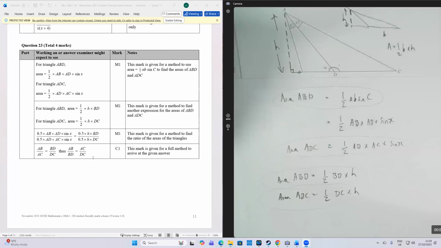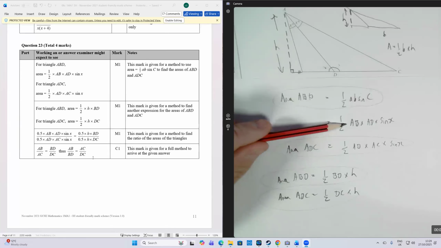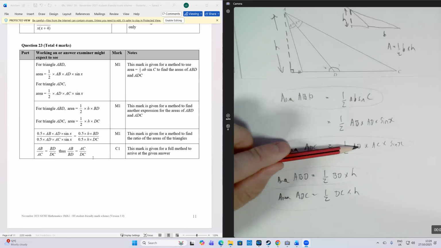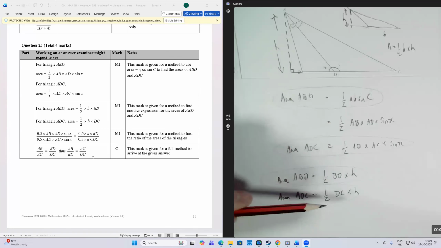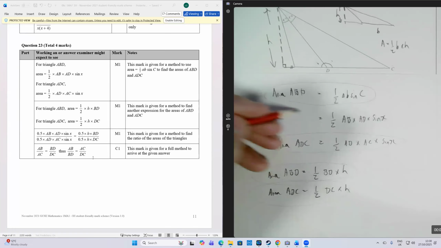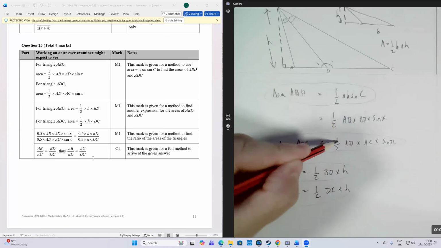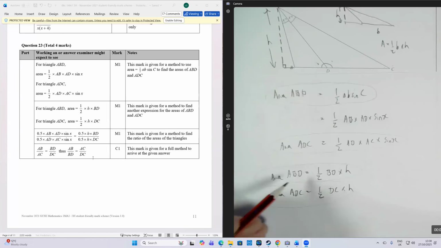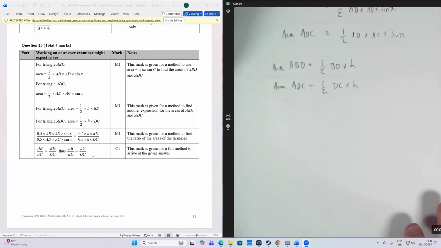So basically, if we divide them by each other, say we take this equation here, the half A, and divide it by that equation, that's going to be the same as taking that equation and dividing it by that equation. In other words, this one divided by this one is the same as that one divided by that one, because they're just two different ways of writing down the same expressions.